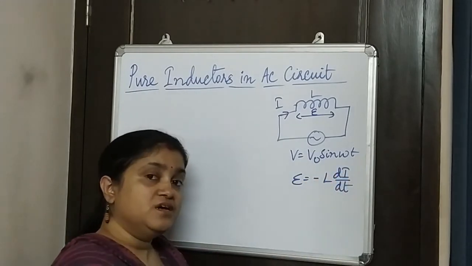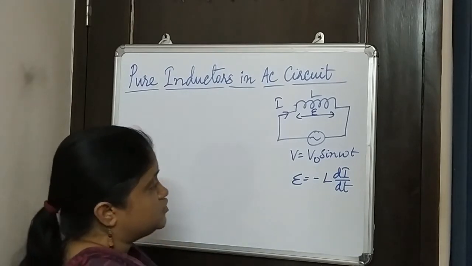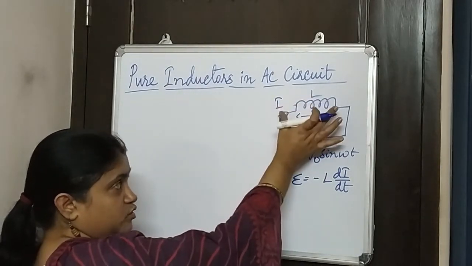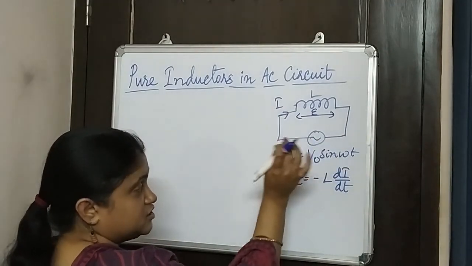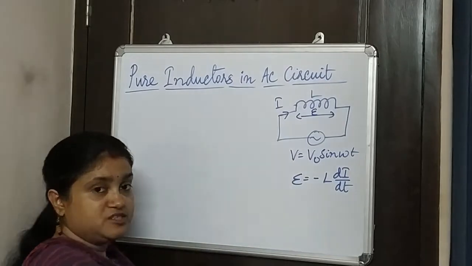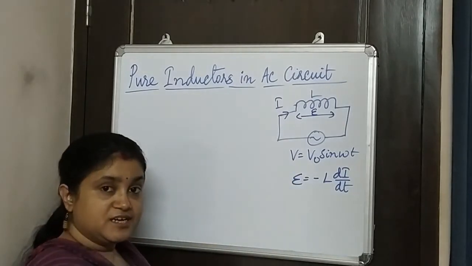So here the voltage drop is this epsilon, and here the voltage of the source is this much. So this is the circuit that we get.